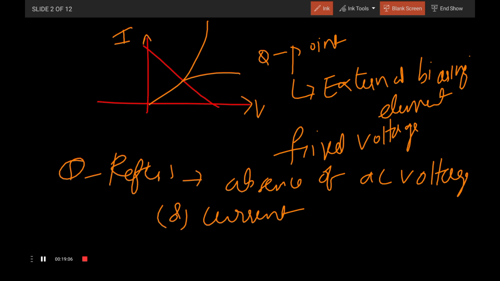Quiescent point is nothing but the absence of AC. That is also one of the important points.